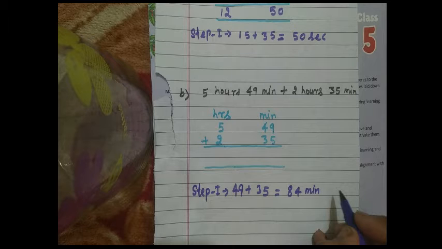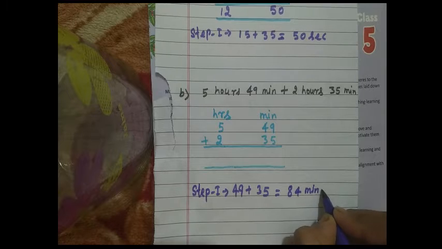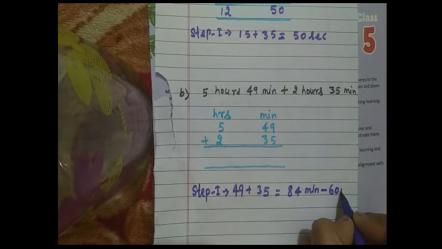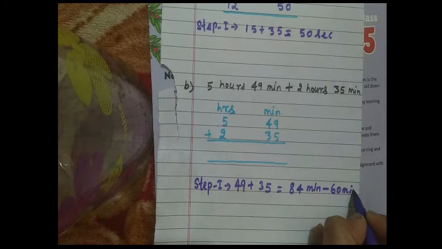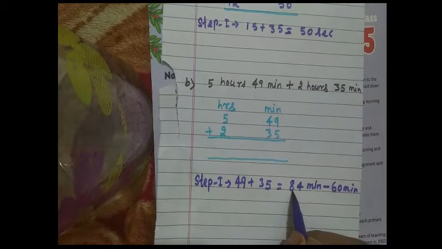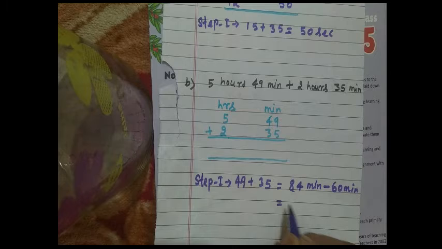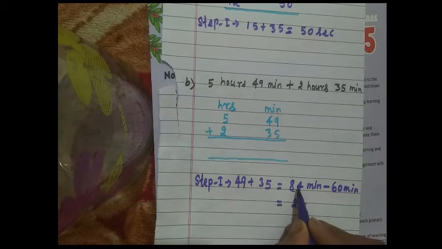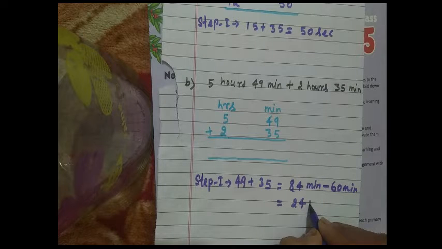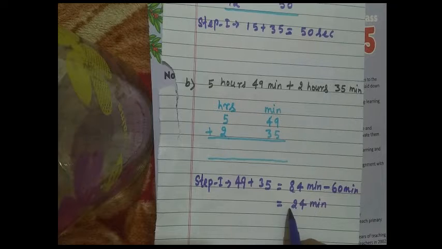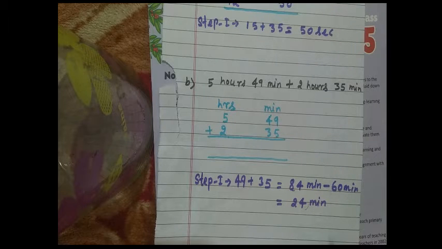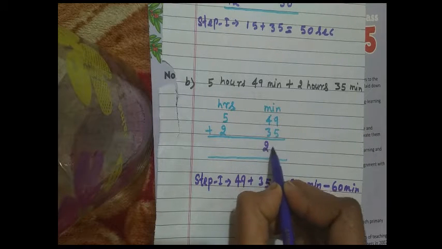Whenever you get 60 or more than 60, subtract 60 and you will get 24. When you subtract 60 from 84, you get 24. So write this answer, 24, and then this 60 minutes you will take as carry. 60 minutes equal to 1 hour. So 1 will be your carry, meaning 1 hour carry.